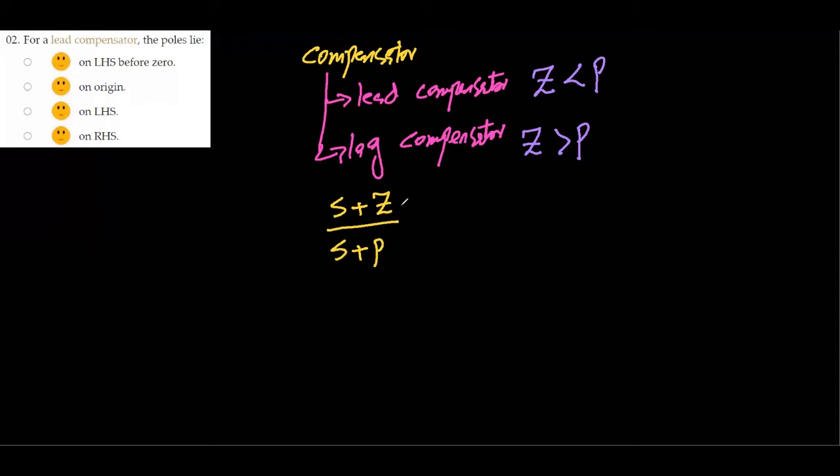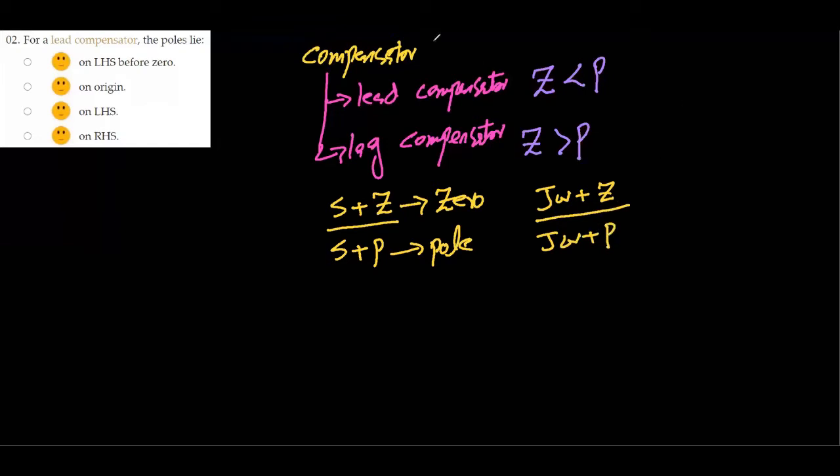The numerator is known as the zero. The denominator is known as the pole. So you can write it like j omega plus Z divided by j omega plus P.